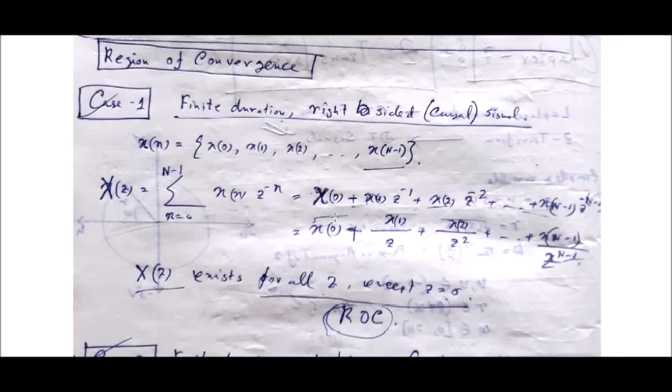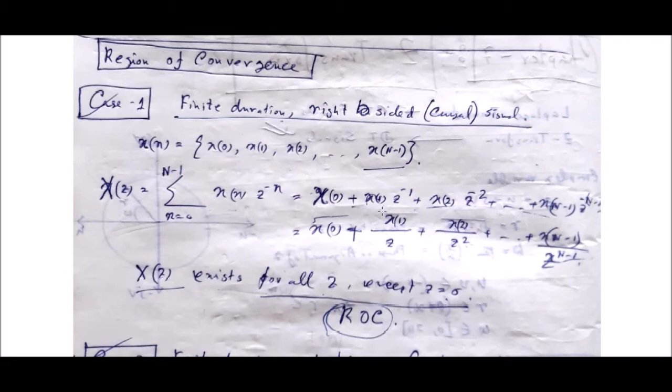Next term will be for n equal to 1, x1 z to the power minus 1. Next term will be x2 z to the power minus 2. In this way, the last term will be x(N minus 1) z to the power minus (N minus 1).